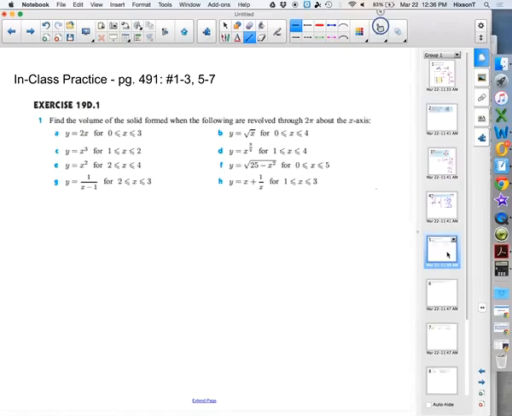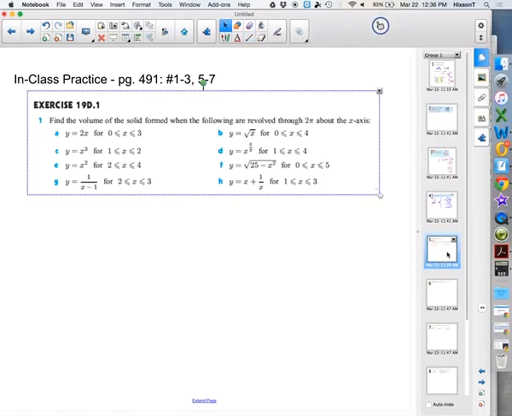One thing to remember, don't forget to square it in the integral. So when you do y equals x to the 3 halves, you've got to square that x to the 3 halves. When you do this x plus 1 over x, you have to square that, which means you're going to need to do what?